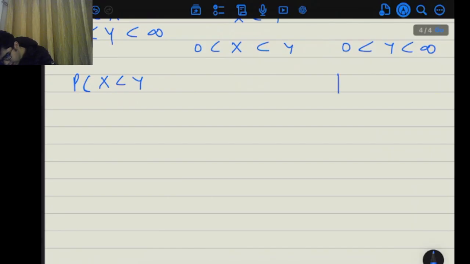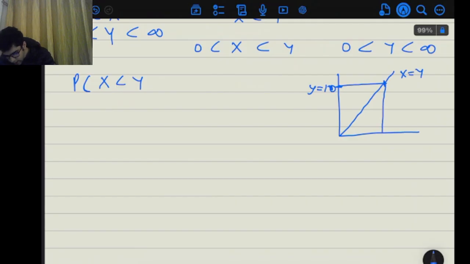Or if I show you here, if I have x equals y, and y equals 10 on the y-axis, I can draw a line here, y equals 10, and this will intersect the line x equals y at this point, and if I draw a line down, x equals 10 here, I'll get the value of x. This was a bit complicated, but I hope you get the idea. Basically, x lies between 0 and the maximum value that x can attain, which we get from this line, x equals y.